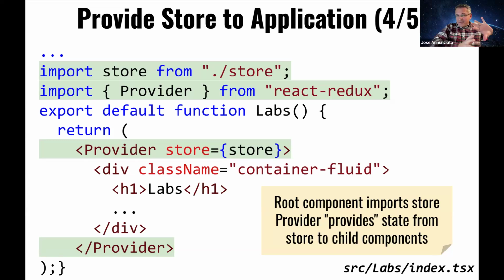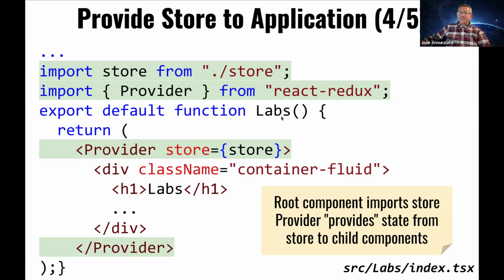That'd be a different set of slices and reducers in a different store. So we'll deal with that a little later. Here we just have some trivial exercises just to get a hold of and practice the skills of moving state into the reducer and then being able to read it back.